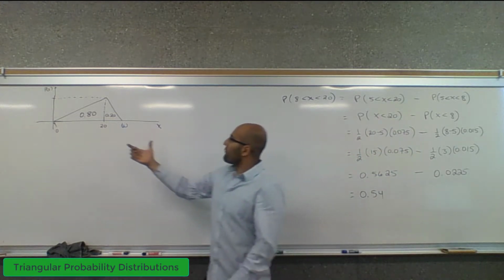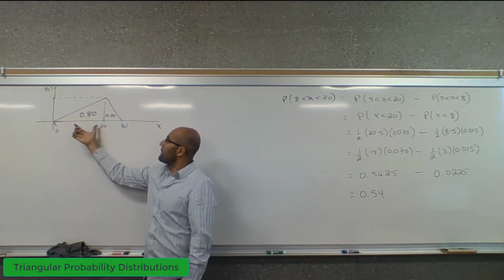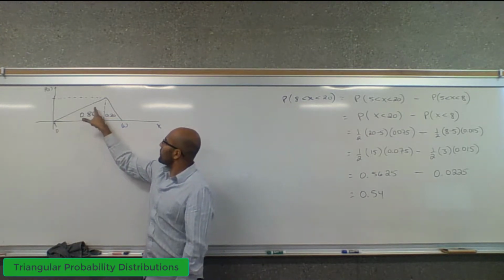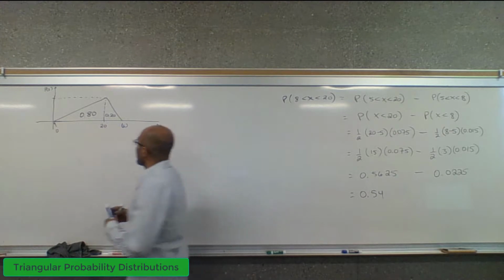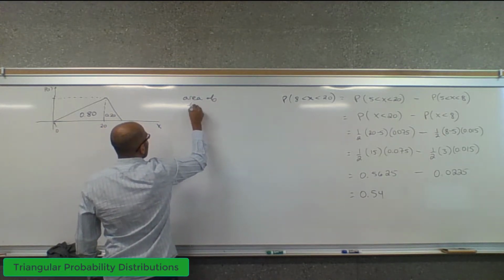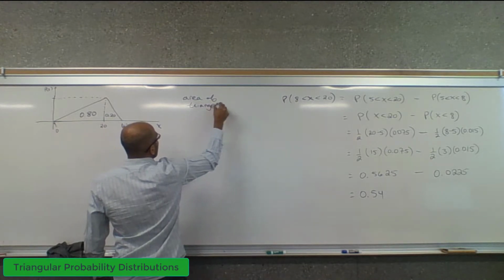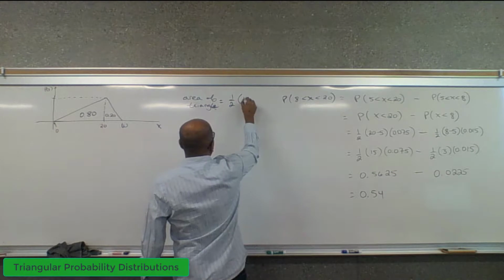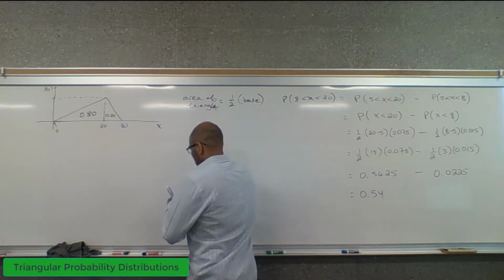So we can use our formula for the area of a triangle one more time. The area of a triangle is equal to 1/2 base times height. So let's work with this triangle here. Area of triangle is equal to 1/2 times the base times its height.